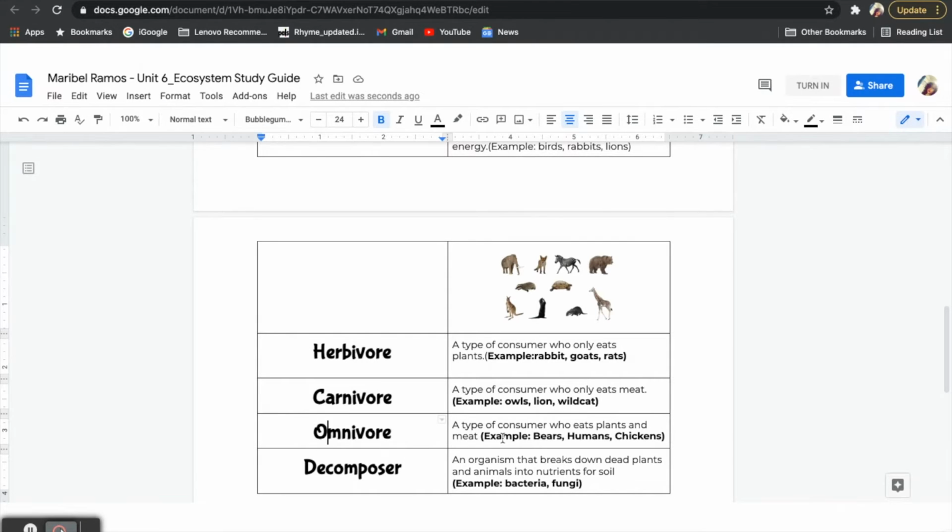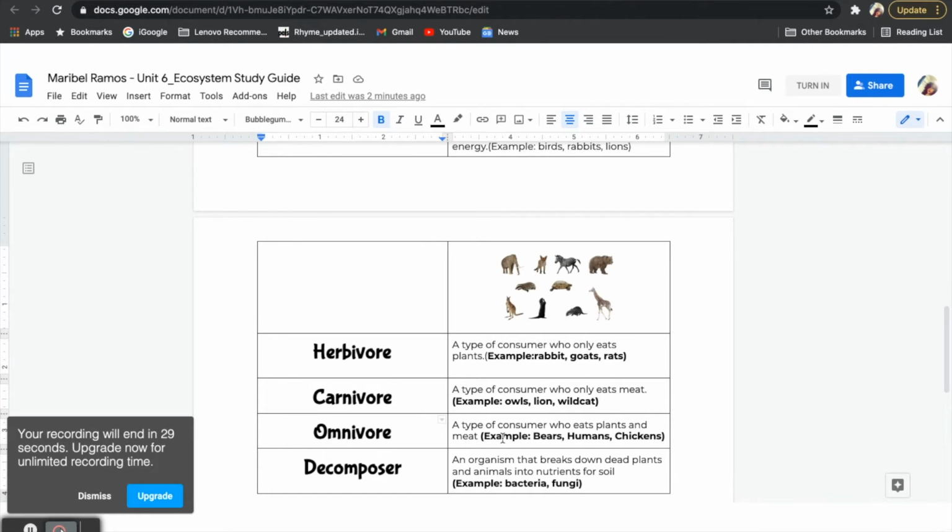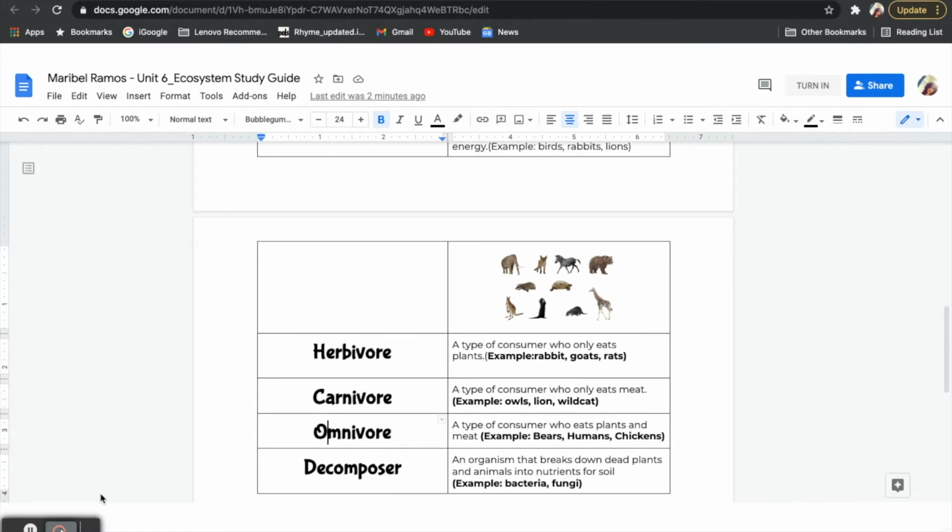Well, guess who helps those dead animals and plants break down to tiny pieces? It's decomposers. Decomposers are organisms like bacteria and fungus who break down dead plants and animals back into small nutrients so that they can go back into the soil. When they are back in the soil, they are able again to help the producers grow. It is one big cycle.